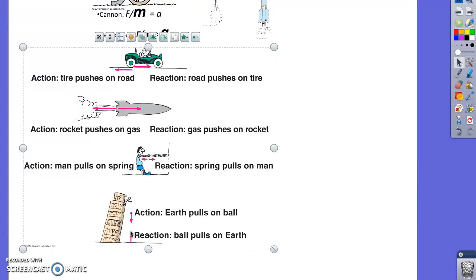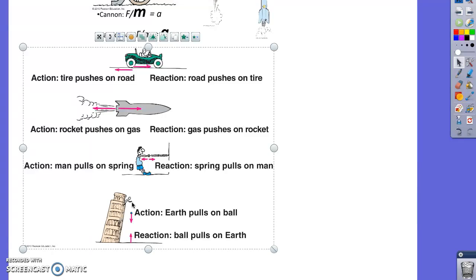So it says, what? Yes, if you were to jump off a building, the earth pulls you down toward it and possibly you break a leg if you don't have some kind of safety thing. But you are also exerting a force on the earth. The problem is you have a very, very small mass. So you are affected by the earth's pull of gravity. The earth has extremely large mass, and its motion is largely unaffected by your force.